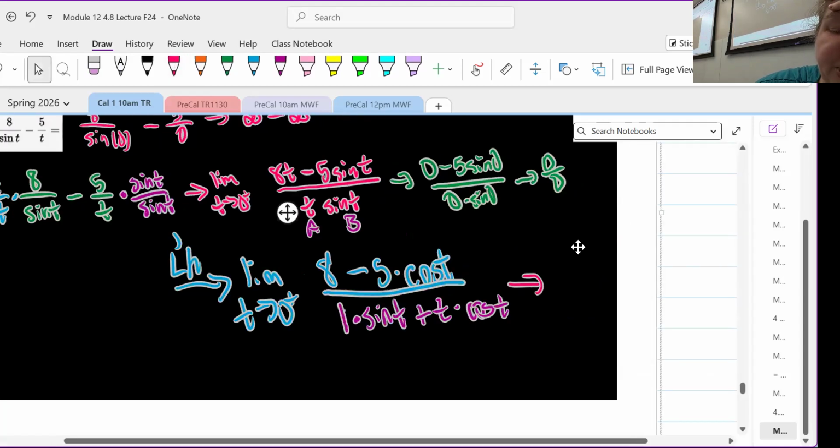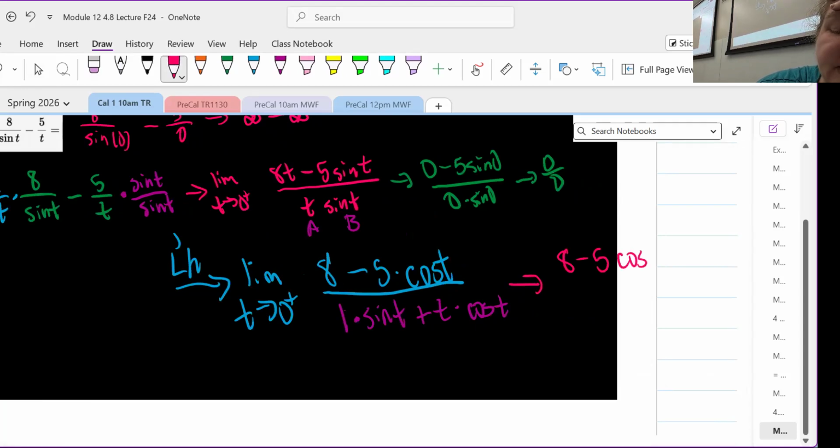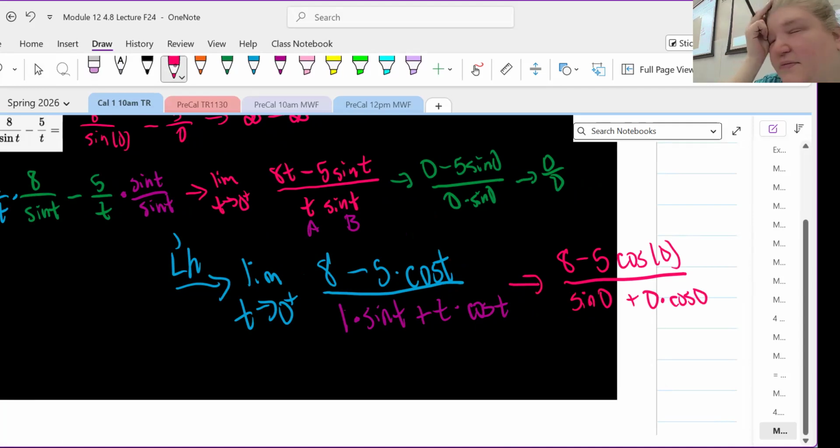All right, now we substitute in 0, so I have 8 minus 5 times the cosine of 0 over sine of 0 plus 0 times cosine of 0. Well, cosine of 0 is 1.